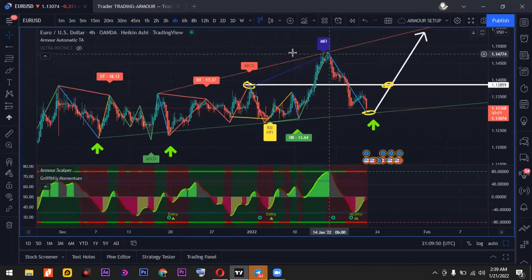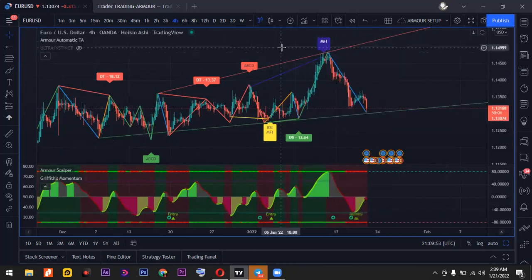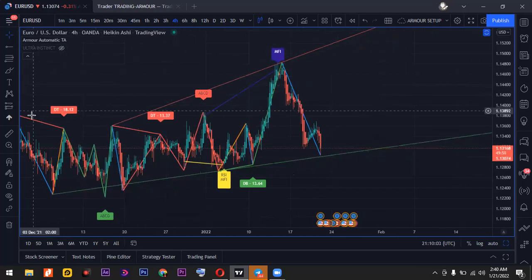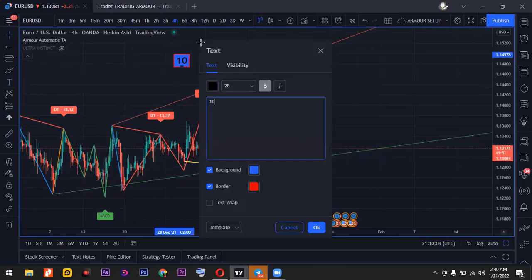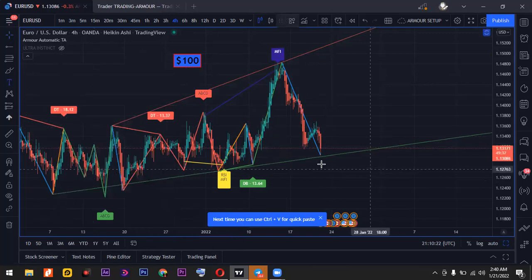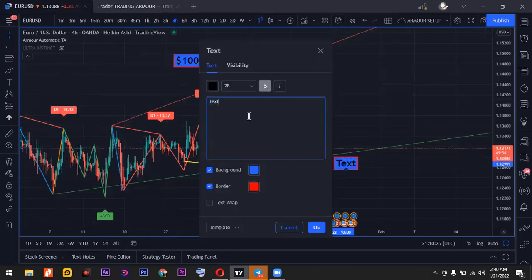So there are two types of entries that we can take. Even if we don't use any other indicator, and only use technical analysis with the Armour indicator, we can take two types of entries. For example, if you have $100 and you want to enter with the $100, we enter in two parts. So I enter right now with $50 here.